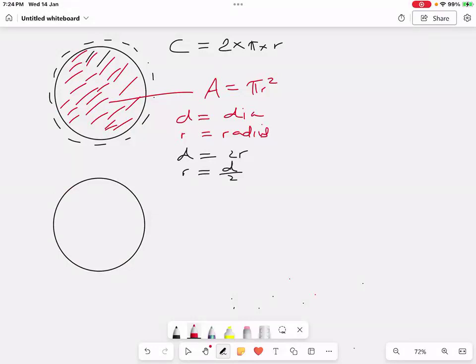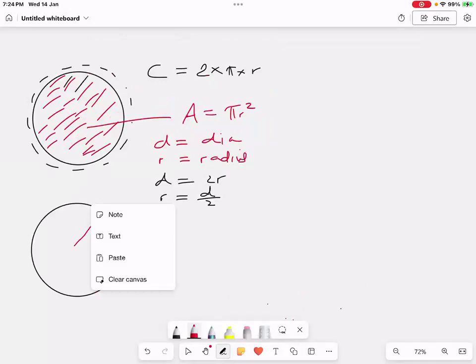So when we draw a line from the center to the circumference, like that, and we draw another line from the center again to another part of the circumference, it basically creates a very special region of the circle.